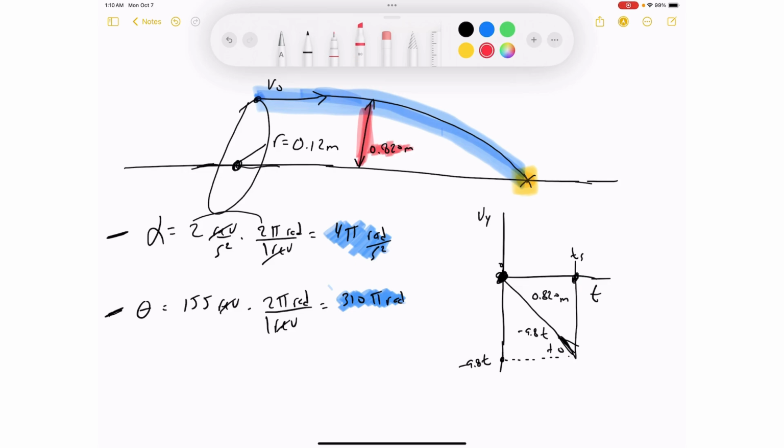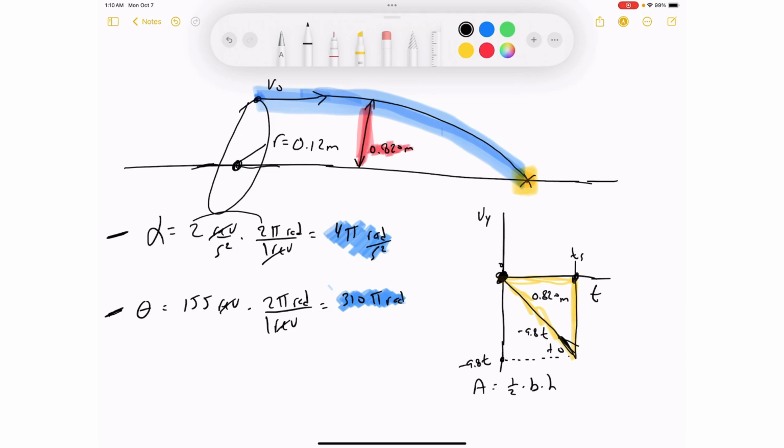Do you see a triangle here? The area of a triangle is one half times base times height.